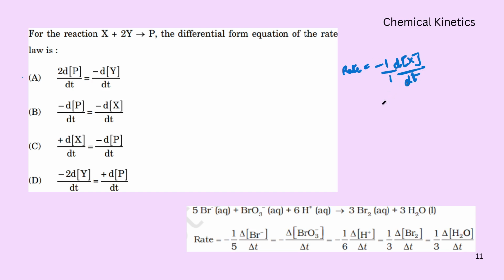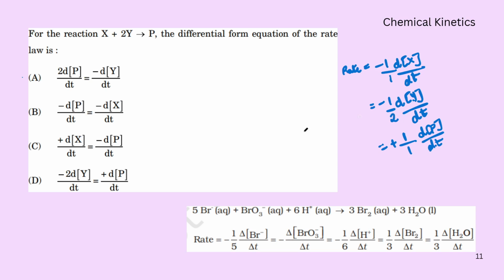Then this is going to be equal to minus 1 by 2, because that's the coefficient for Y, so 1 by 2 d concentration of Y by dt, is equal to plus 1 by 1, because P doesn't have a coefficient, d concentration of P by dt. Okay, so now when you have this, you think, oh, this is the right answer. You're right.